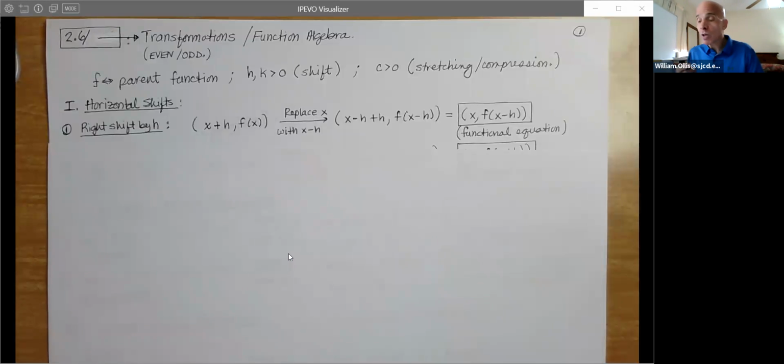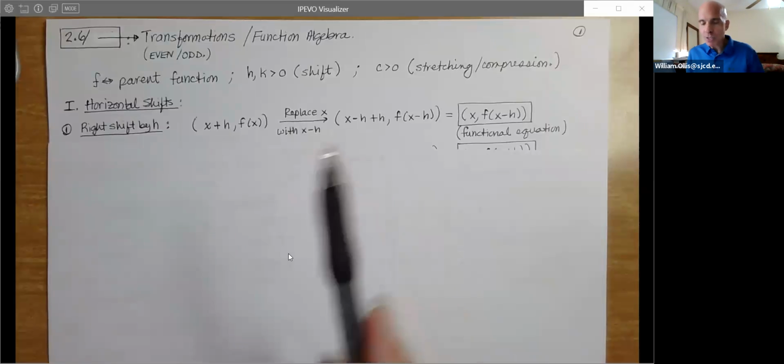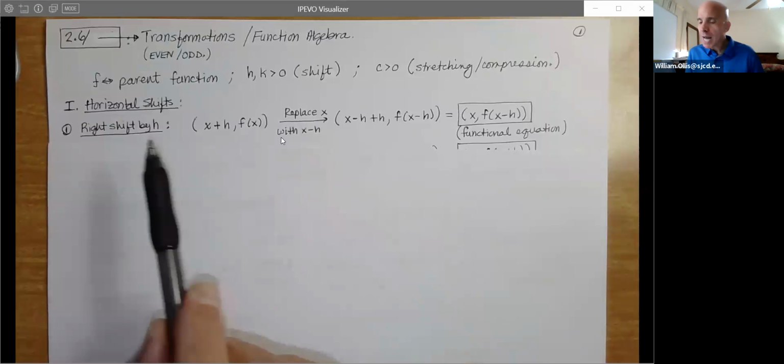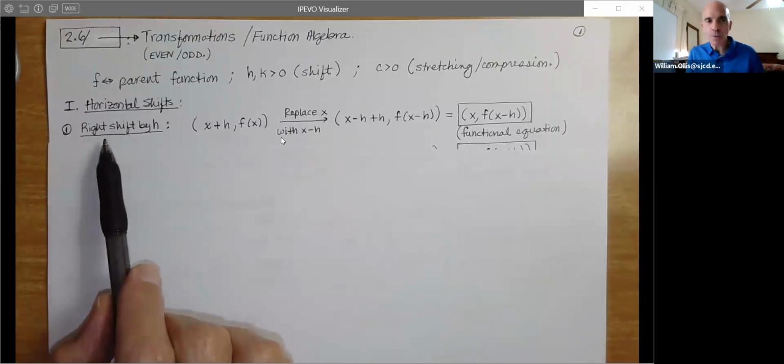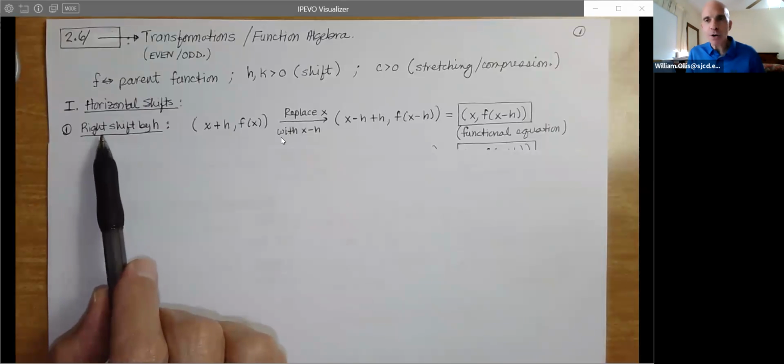Ladies and gentlemen, we're going to do the horizontal shifts and the horizontal stretch and compression first because those are the least intuitive. And then we're going to work into the other ones that are very intuitive so you can see why we actually do what we do here. Now, for the horizontal shifts, the first one, I'm going to use a very short phrase.